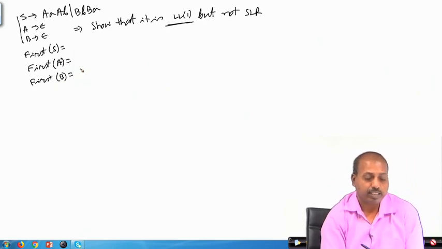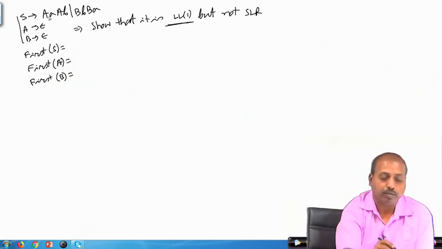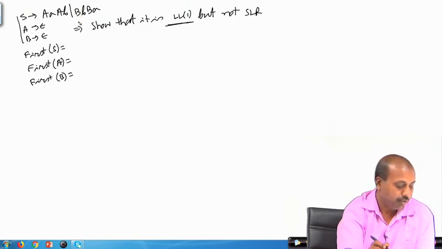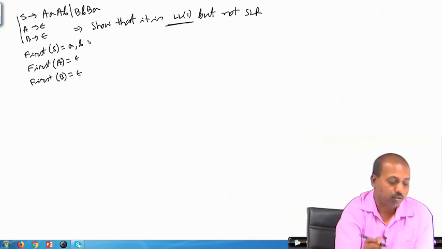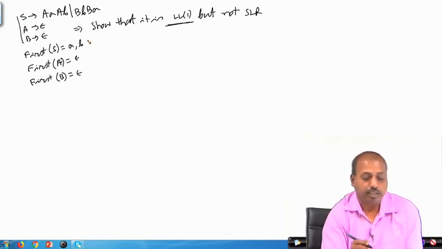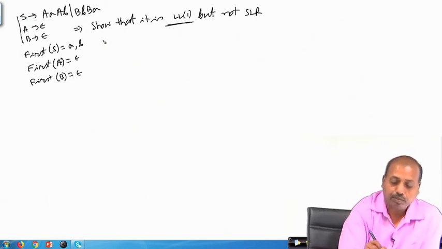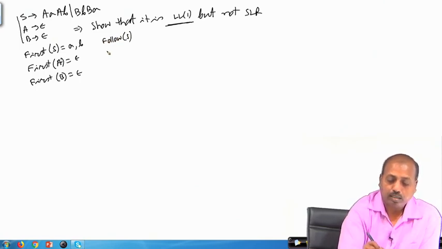So, first of S is equal to first of A and first of B, and first of A has only epsilon in it. So, this has got only epsilon in it, and then since A can be reduced to epsilon, this first set contains A, and since B can be reduced to epsilon, this can contain B. So, that is the first set, and the follow set. So, follow of S, then follow of A and follow of B.